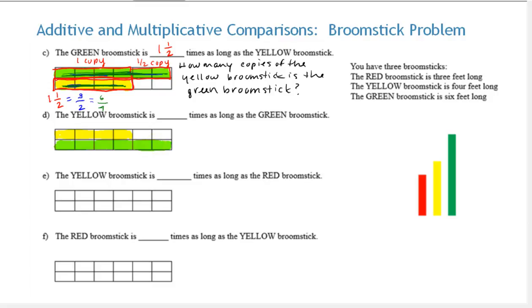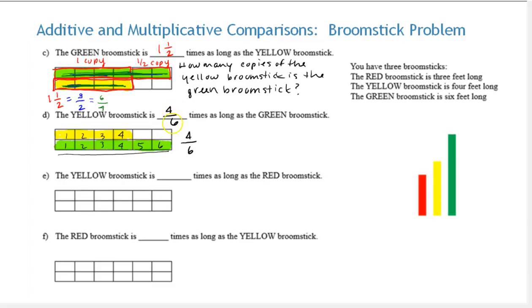So I'm going to put some numbers in here and then we're going to connect it to this last idea. So here are 6 equal pieces of feet for the green. And here are 4 equal pieces for the yellow. Okay, so notice the yellow is 4 out of the total 6 copies of the green broomstick. So it's 4/6 times as long as the green broomstick.